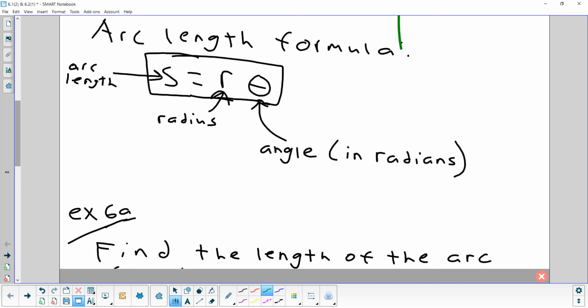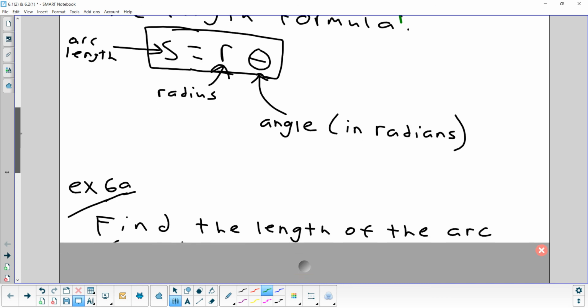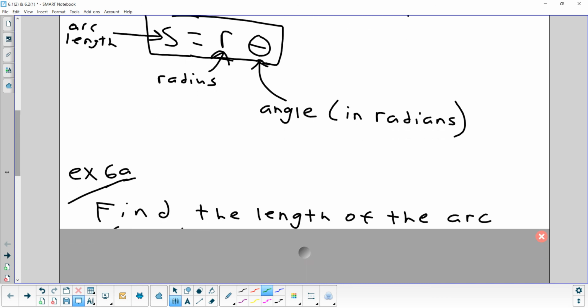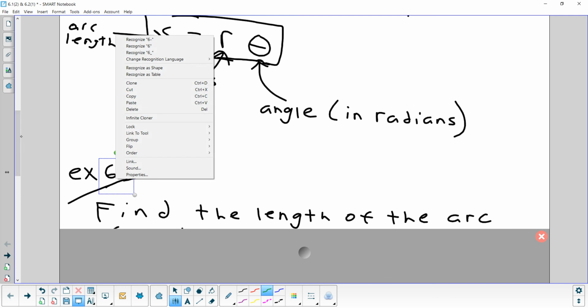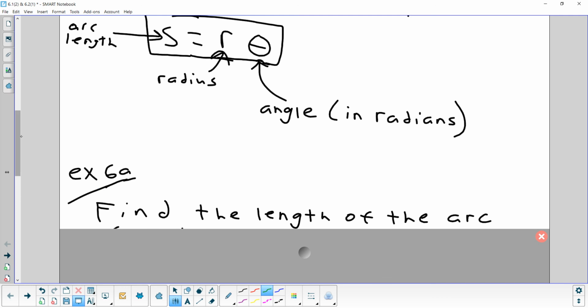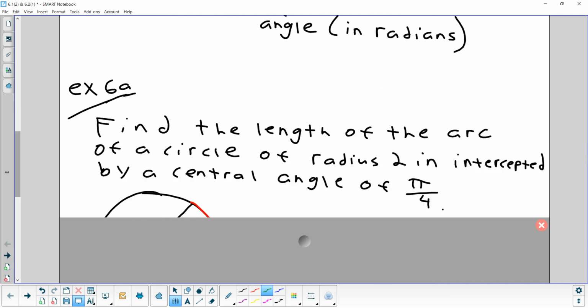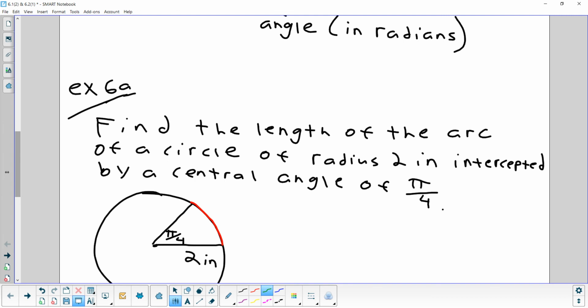The example here says find the length of the arc. And just continue the numbering from the last section. So it says we have a circle with a radius of 2, and we have an angle of pi over 4.